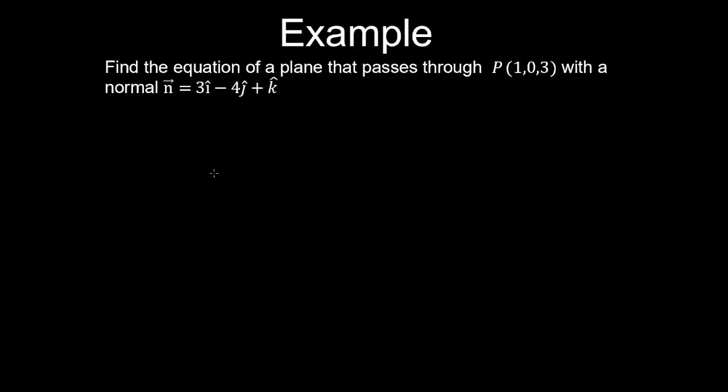Find the equation of the plane that passes through point P and has a normal given by the following vector.